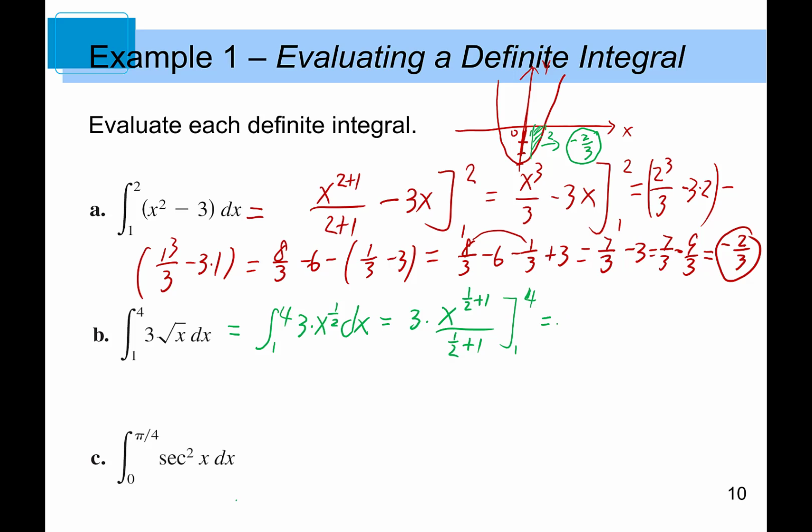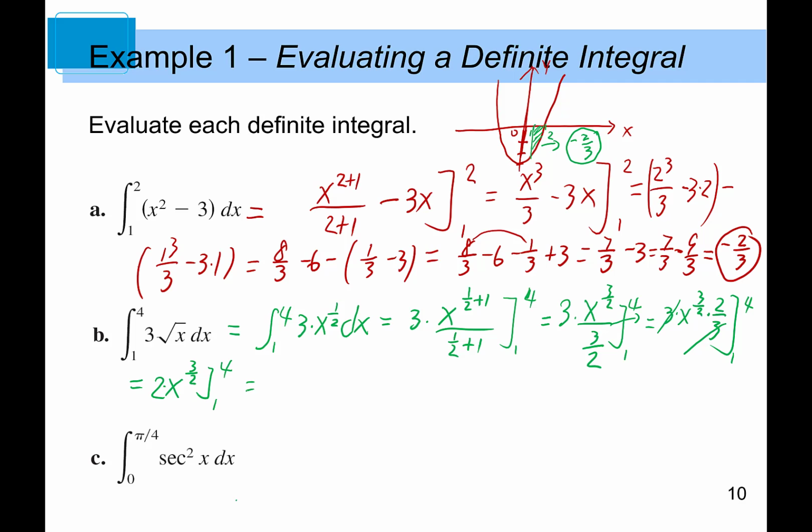So now simplify the rational expression first. Half plus 1 is 3 over 2. And let's just turn this quotient into a multiplication. So we get 3 times 2 over 3. And cancel 3. We end up with 2x to the 3 over 2.